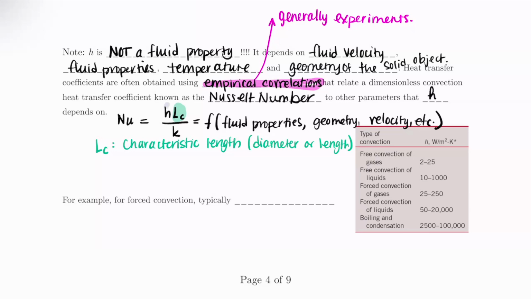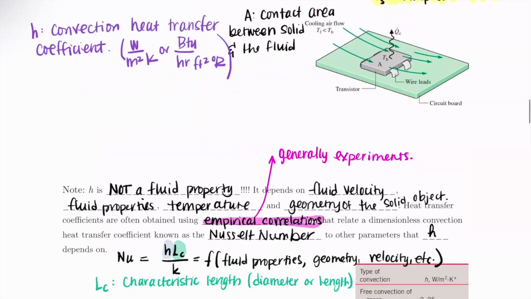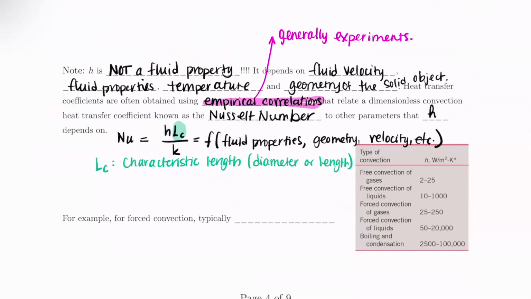And h again is just the heat transfer coefficient. So this is our convective heat transfer coefficient. And then k is the same one that we had before. So that is our thermal conductivity of the fluid.